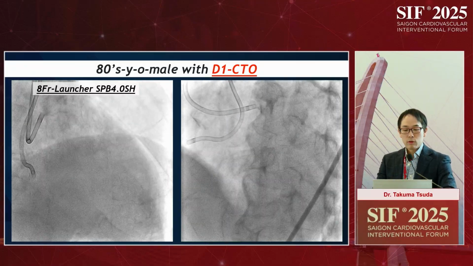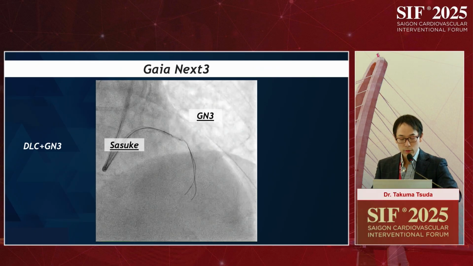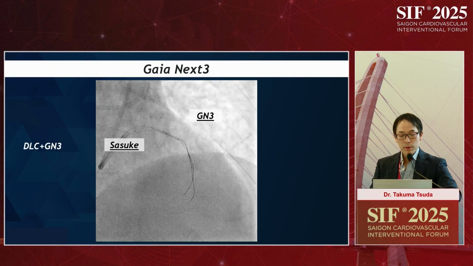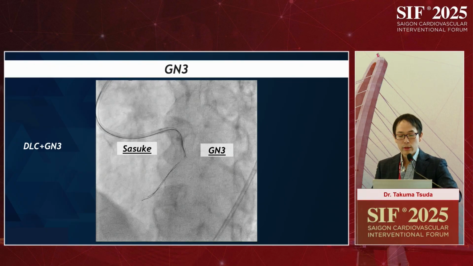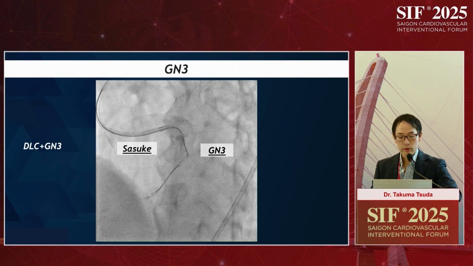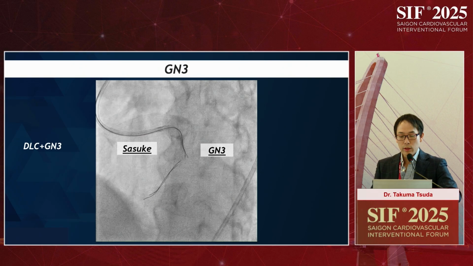Okay. So first of all, I performed antegrade wire escalation with the Gaia... the Gynex 3. But Gynex 3 could not enter into the proximal cap like this. So it was very difficult to pass the CTO entry.